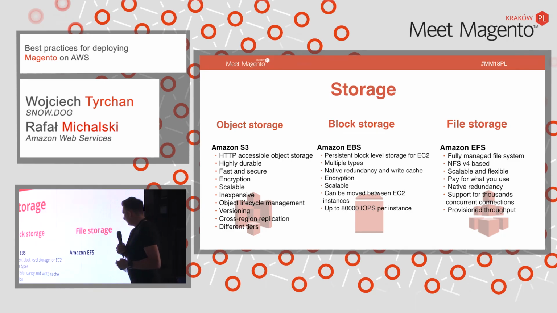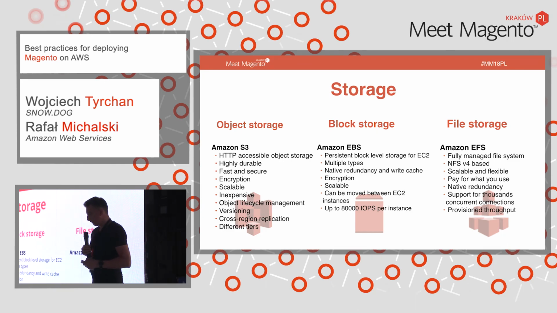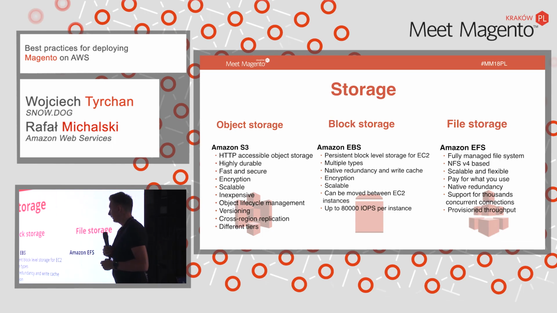Then we move to file storage. If we want to have some file system, we can use Amazon EFS, Elastic File System, which is a managed file system, fully managed by AWS. It's NFS version 4 based. It's also, like most of the services, automatically scalable and flexible.